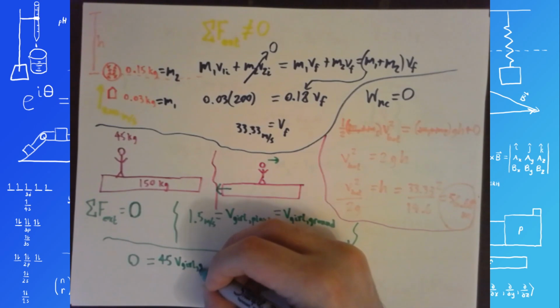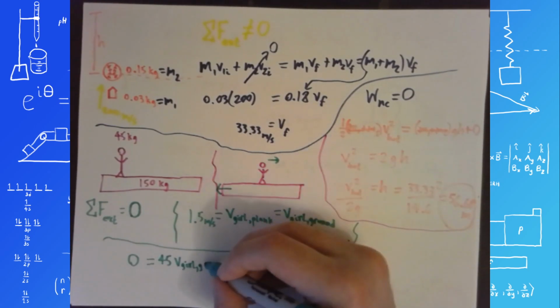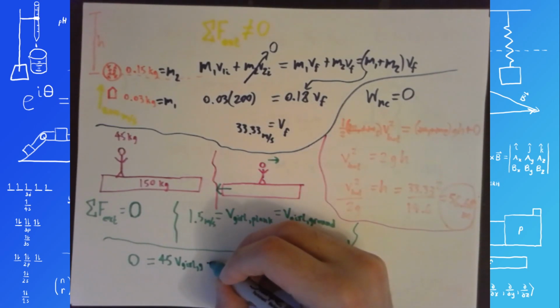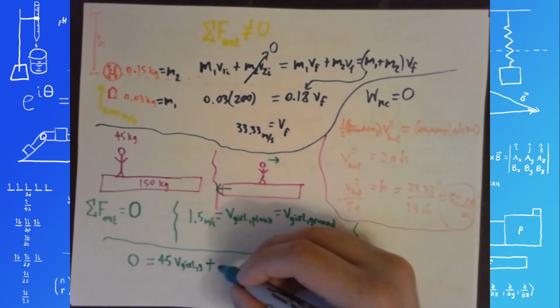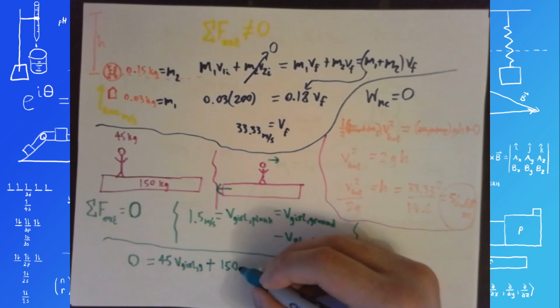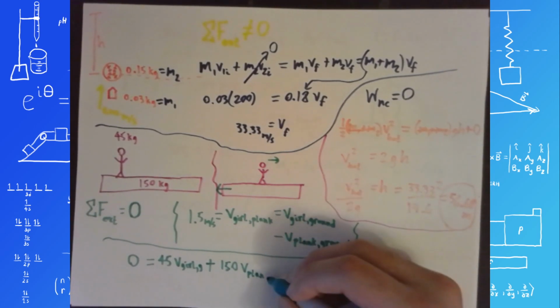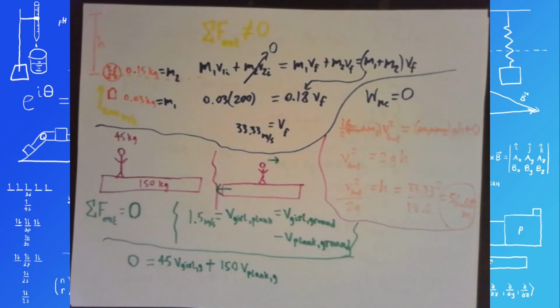I'll just call it v girl, comma g, plus the plank was 150 kilograms times v plank relative to the ground.